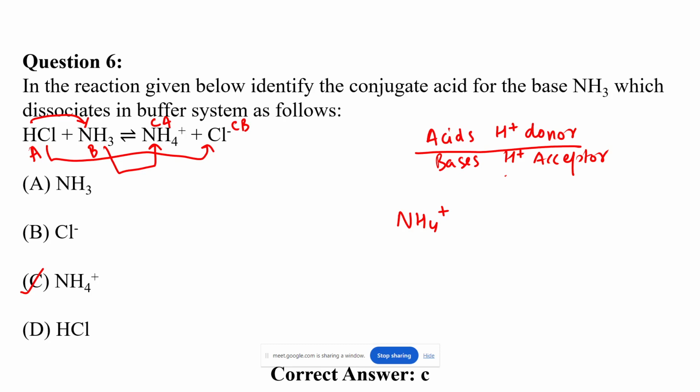This is the forward reaction, and the reverse reaction is ammonium going back to ammonia. In that case, this NH4 plus will donate its proton to the chloride ion. So ammonium ion will become the proton donor and chloride ion will become the proton acceptor. That's why the ammonium ion is the acid here and chloride ion is the base. So, conjugate acid and conjugate base.